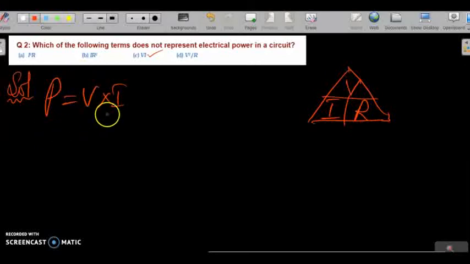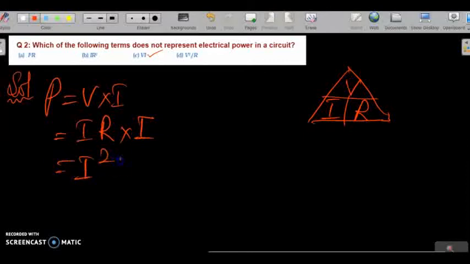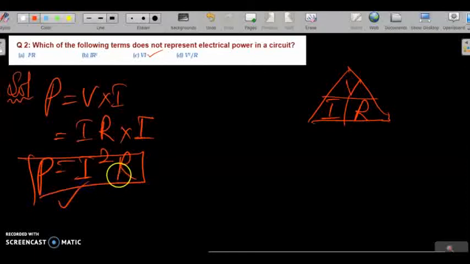So when we change those things, V equal to IR, if I write IR into I, that will become I square R. So we have P equal to I square R, right? So that's another formula. Yes, it's there.